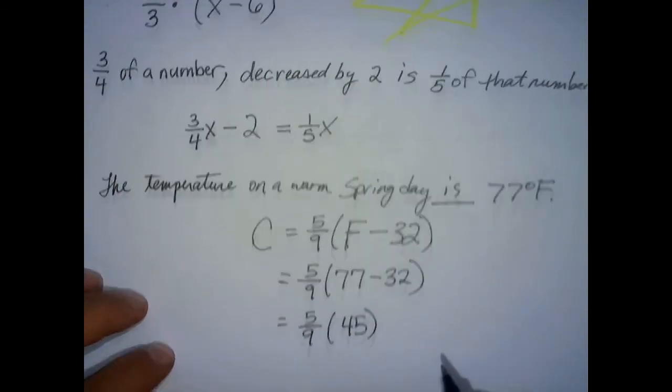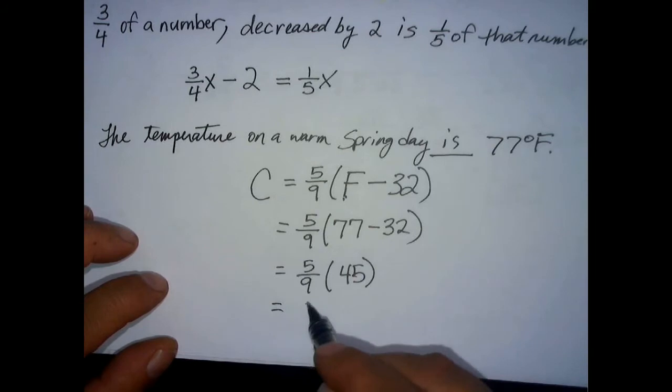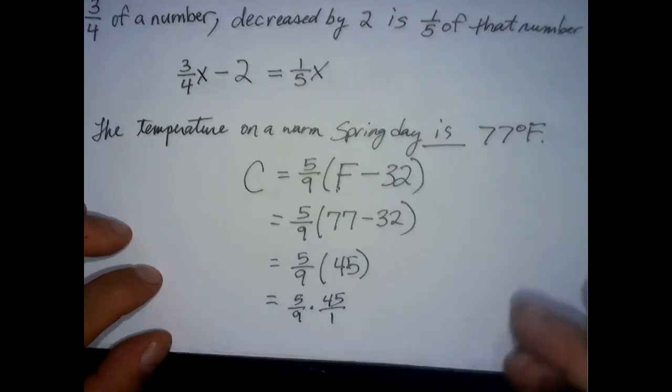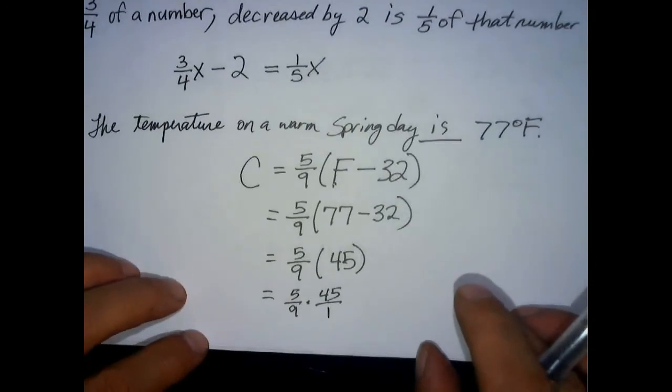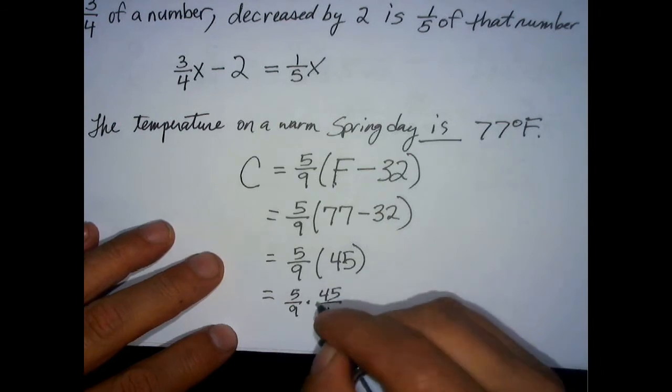Okay. And you can see that 45, well, we can write this as 5/9 times 45 over 1. And 45 and 9 are both multiples of 9.